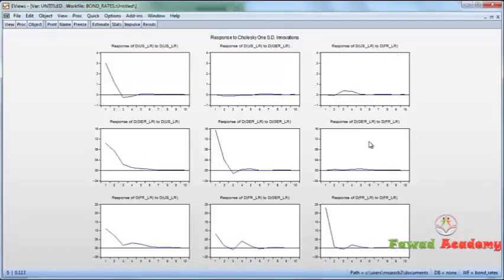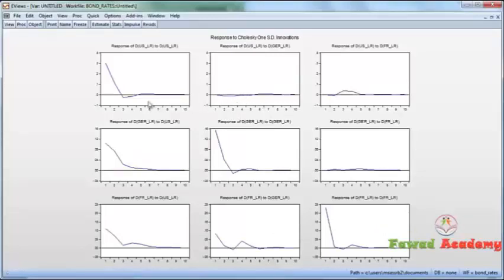The second row gives us the responses of the change in the German rate, first to shocks in the change of the US rate, then to shocks in the change of the German rate, and then to shocks in the change of the French rate. And the last row gives us all the impulse responses for the changes in the French rate, first to shocks in the changes of the US rate, then to shocks in the changes of the German rate, and then to shocks in the changes of the French rate.